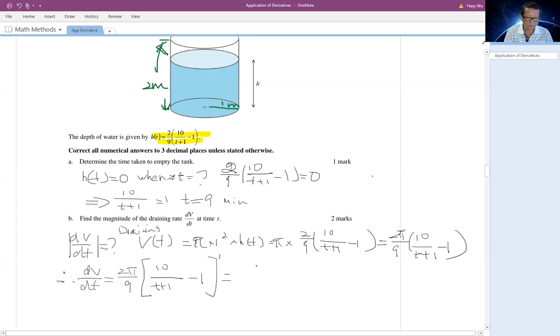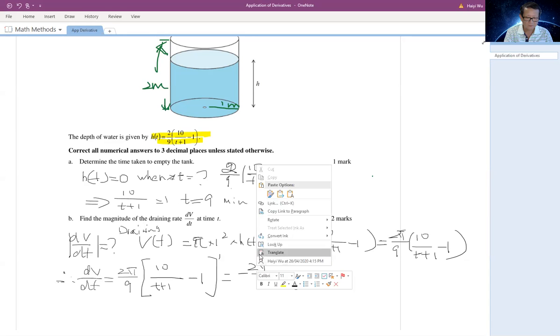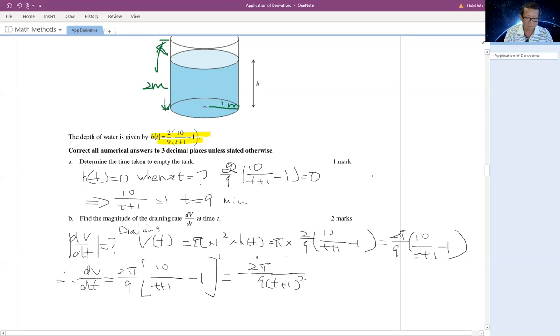That will be negative 2 pi divided by 9 times t plus 1 to the power of 2. Actually negative 20, because you have 10 here.